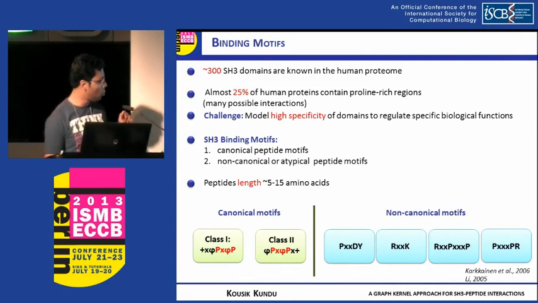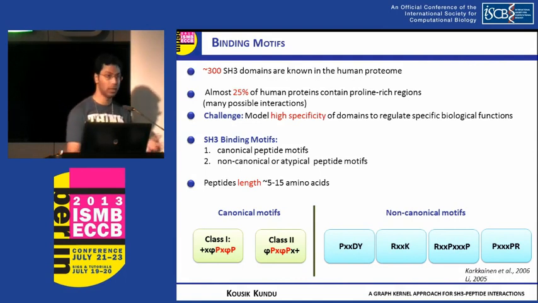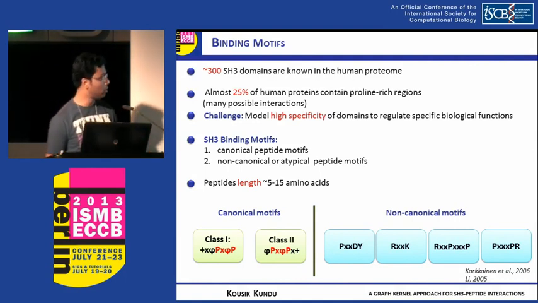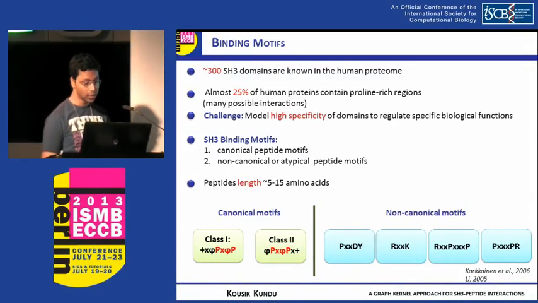But in class 1 peptides, there is a basic amino acid upstream of the core motif. The basic residue is normally arginine or lysine. For class 2, the basic residue is present downstream of the sequence. So the class 1 motif and class 2 motif are similar with a different orientation. And there are lots of non-canonical motifs. I'm giving you some examples, but there are many more.